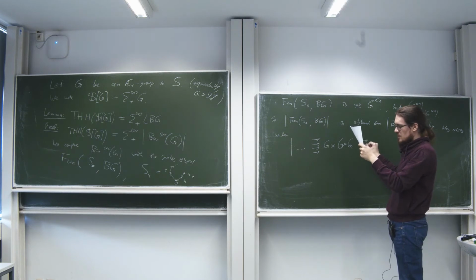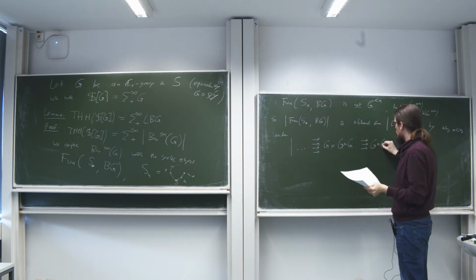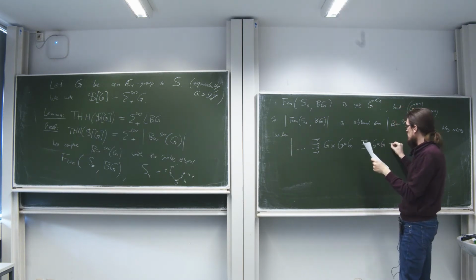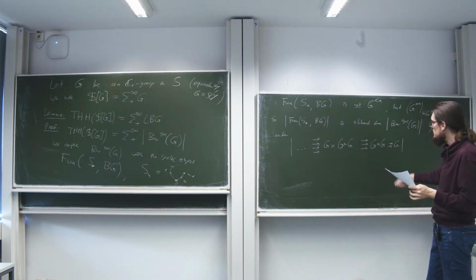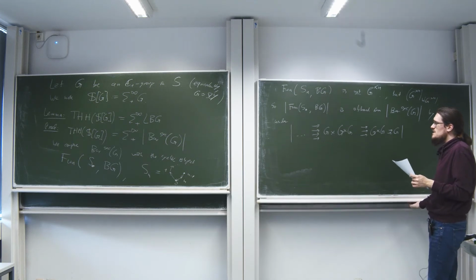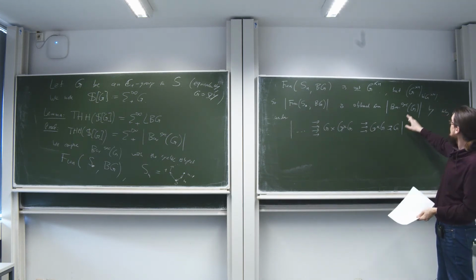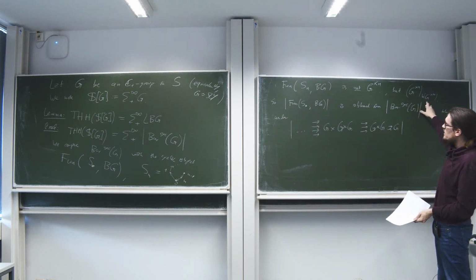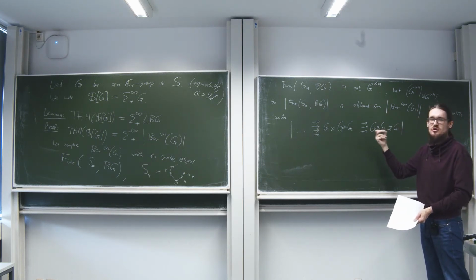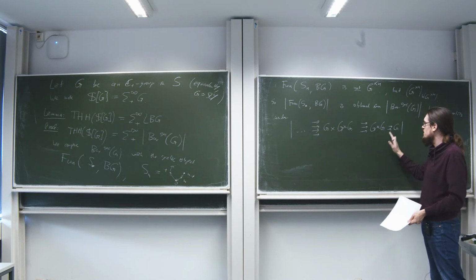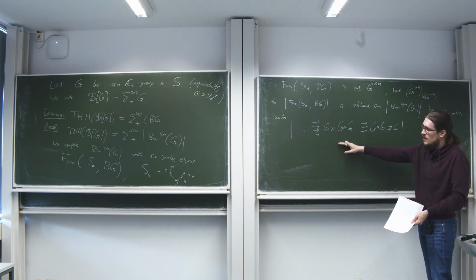cyclic object. And now I'm just going to draw this as a simplicial object because we're only going to be interested in the realization of this. Right? So this is again going to have n copies of G in cyclic level n. So n plus 1 copies of G in simplicial level n. So it's going to look like this.